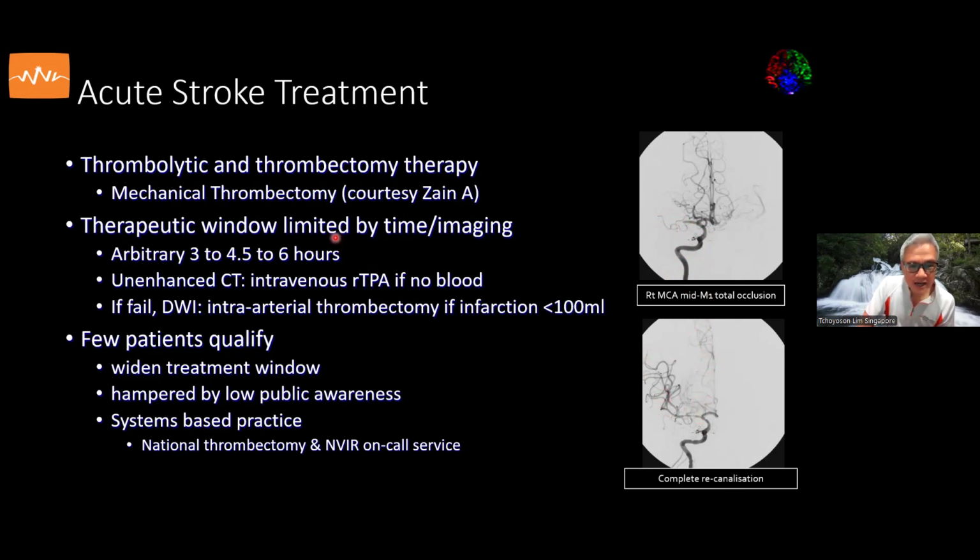Because time is brain, as we've been told, and neurons die very quickly, the therapeutic window is highly limited, and we need fast imaging and a 24-hour service for patients who will undergo mechanical thrombectomy.